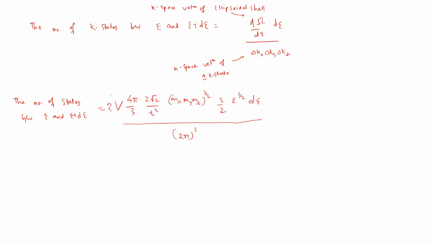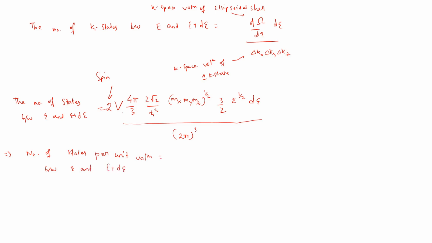Here we have to multiply another factor due to spin. For each k state we have two spin states, so that is why we have to multiply by this 2. Now the number of states per unit volume between E and E plus dE.